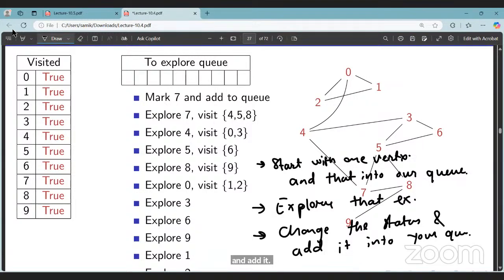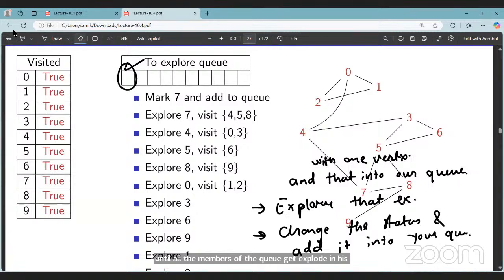And now in our queue, we'll follow the first come, first out principle. That means whatever vertex is first, we'll explore that vertex next, and repeat this process until all the members of the queue get explored. That means the queue gets empty. So when our queue is empty, we'll stop our BFS. So this is a BFS scan.